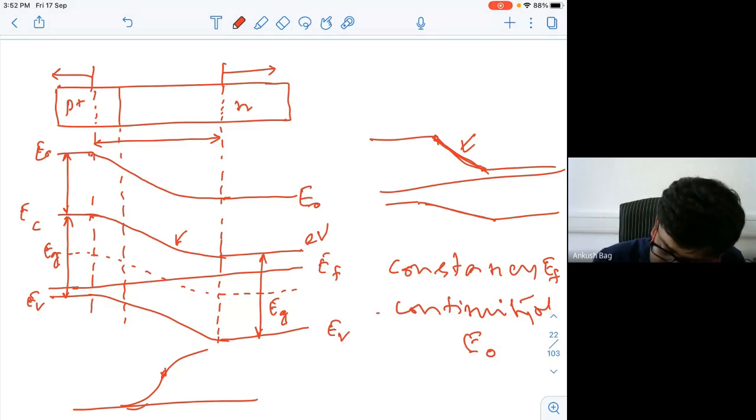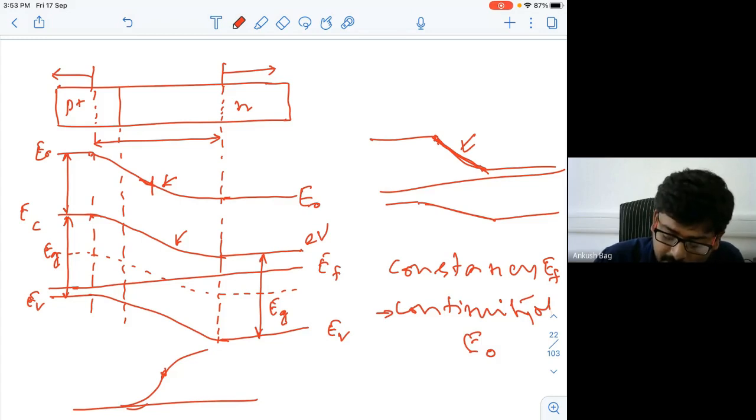Continuity means that if there is any discontinuity, a sudden jump, then it represents an infinite electric field, because this is the potential and the field equals dV/dx. So if we have a PN junction and a free electron here, and any discontinuity in E naught, it would mean the free electron sees an infinite electric field.